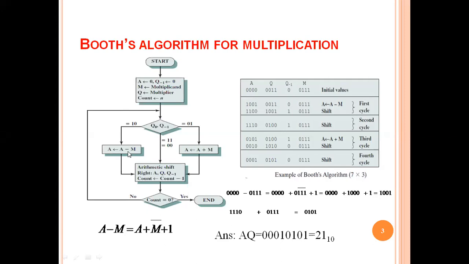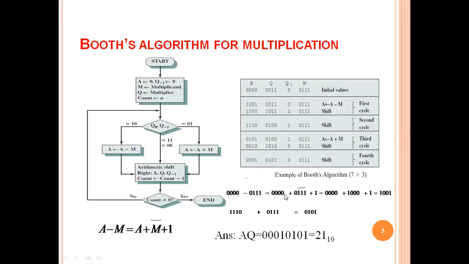A is equal to A minus M. Clear? So what is the value of A? 0, 0, 0, 0. What is the value of M? 0, 1, 1, 1. So here I have done the subtraction 0, 0, 0, 0 minus 0, 1, 1, 1. A minus M should be A plus M bar plus 1, because this is 2's complement.